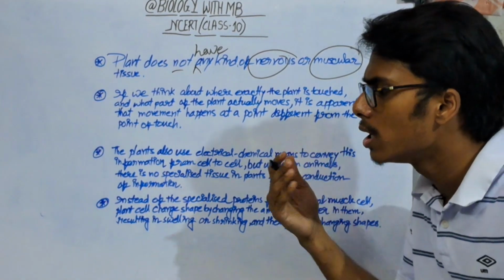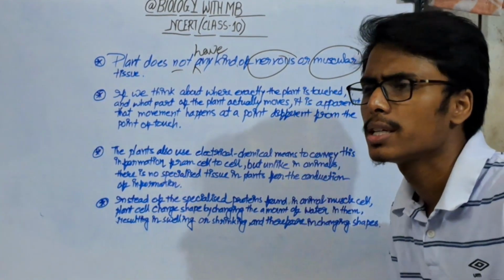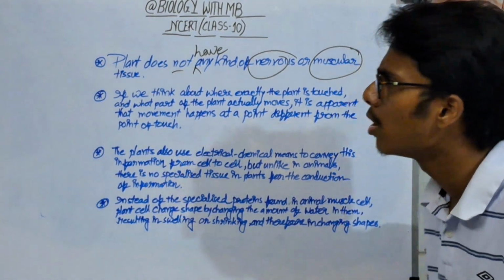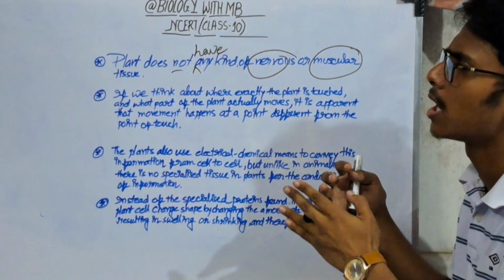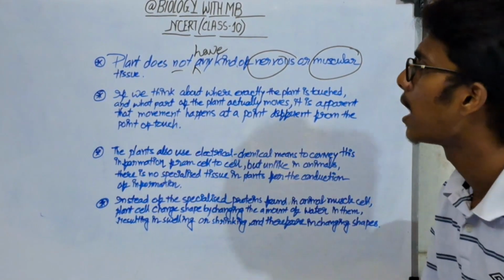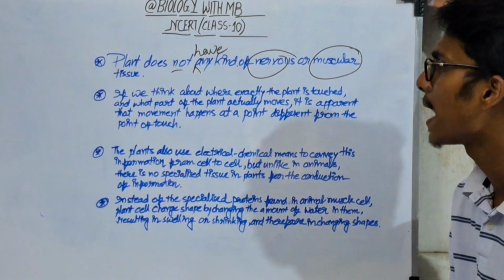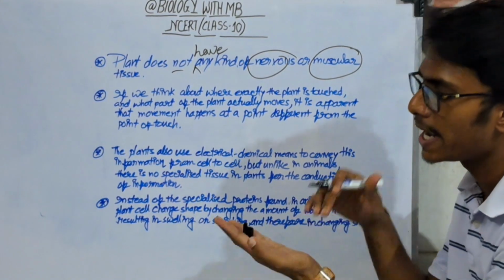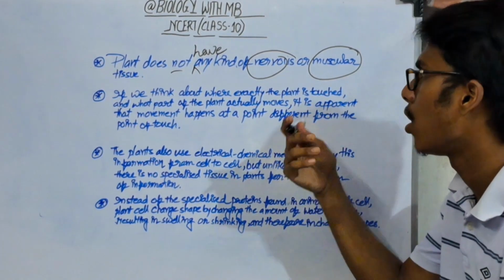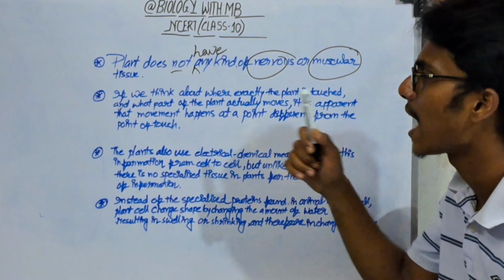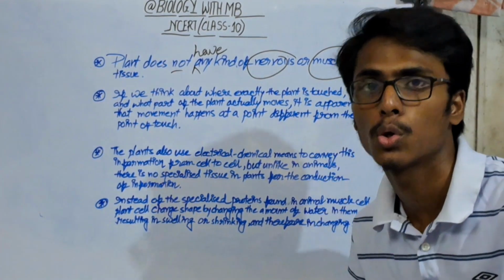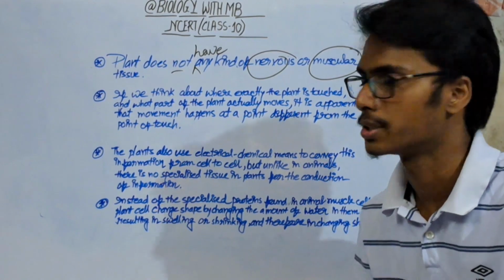A question comes to our mind: by what process is a plant affected? When any external stimulus like light, air, or touch is given to the plant, the plant shows movement.